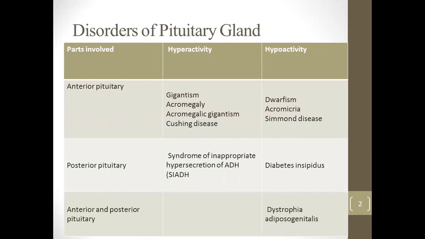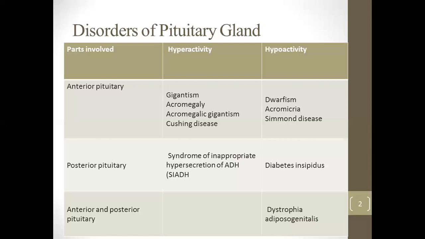Hypoactivity will cause dwarfism, acromicria, and Simmonds disease. The posterior pituitary will cause the syndrome of inappropriate hypersecretion of ADH, and hypoactivity of the posterior pituitary will cause diabetes insipidus.